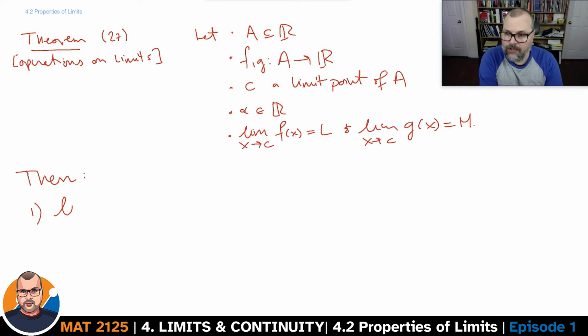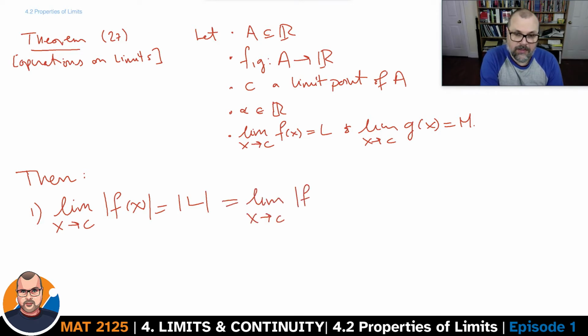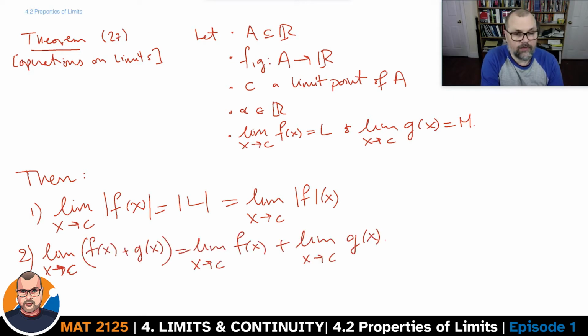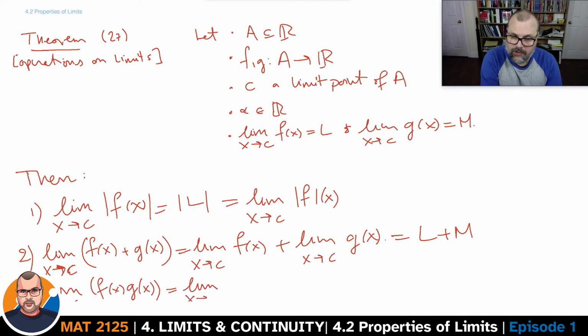The limit when x goes to c of the absolute value of f at x is the absolute value of L. The way to write this is that the limit of the absolute value of f when x goes to c equals the absolute value of L. Second statement: the limit of a sum of functions is the sum of the limits, equal to L plus M. The limit of a product is the product of the limits.